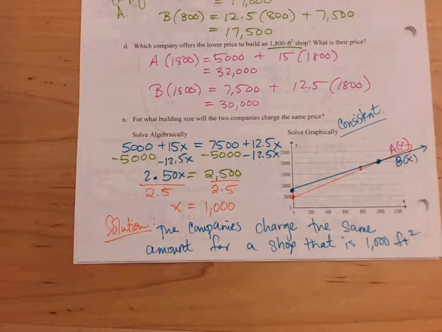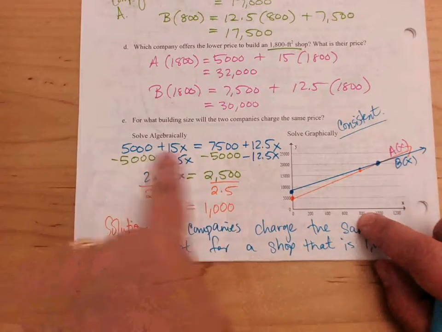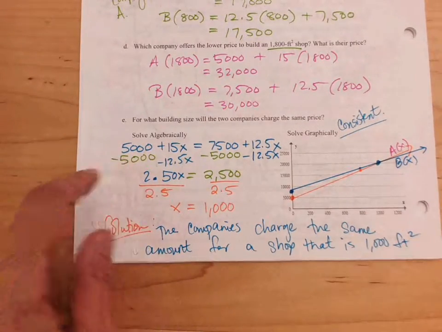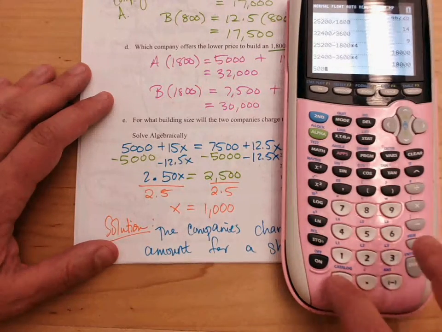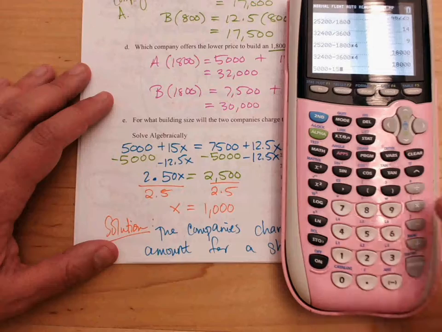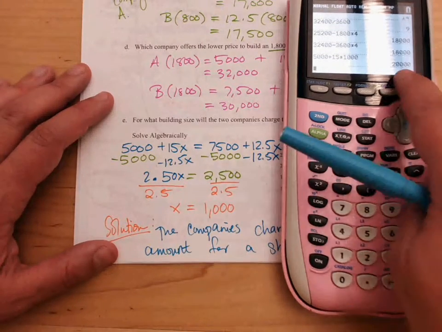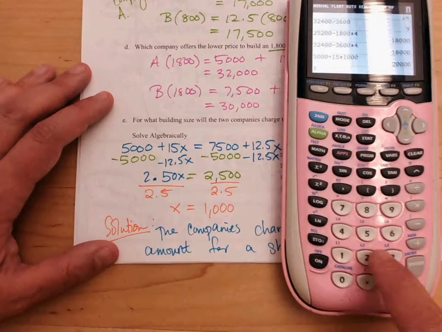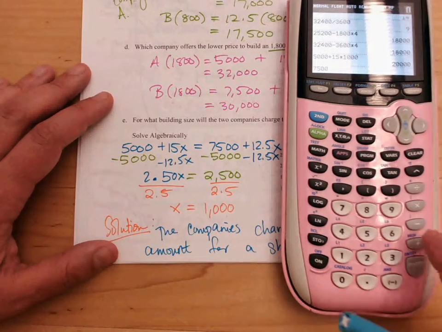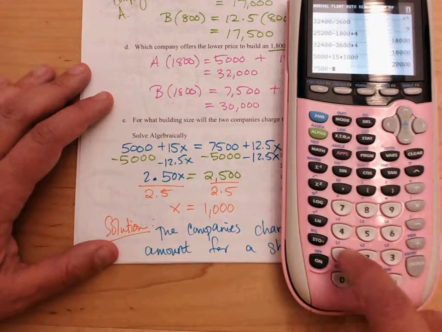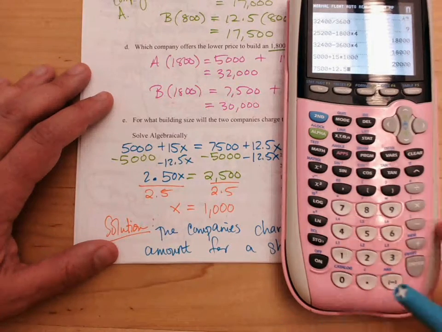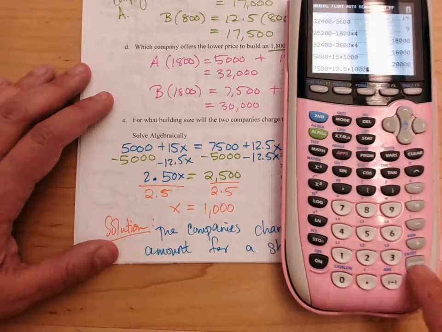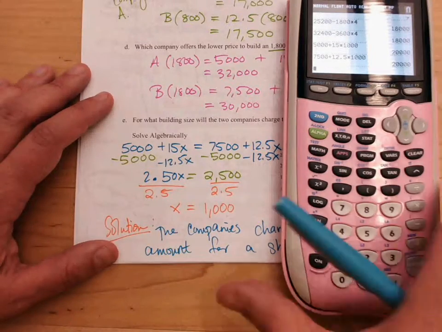And that charge, if you plug in 1,000 to both of these, so let's just do that on our calculator really fast. If we plug in 5,000 plus 15 times 1,000, maybe you could do that mentally, you get 20,000. If I plug that into the other one, 7,500 plus 12.5 times 1,000, I get 20,000 for both.